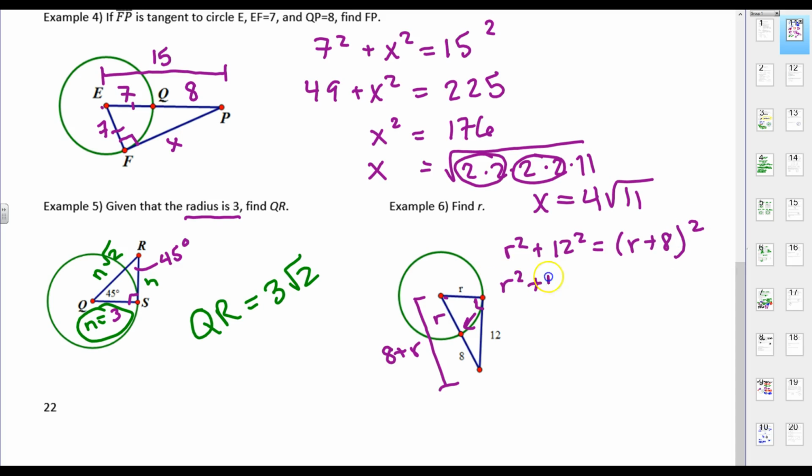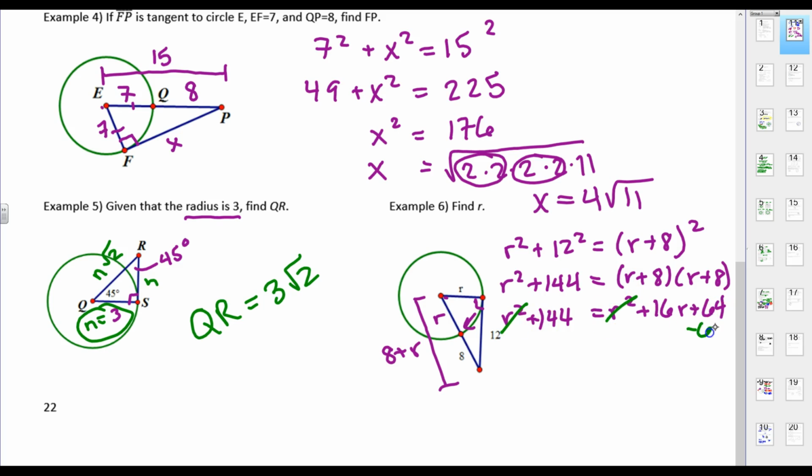That's r squared plus 144 equals, remember guys, when you've got r plus 8 squared, that's r plus 8 times r plus 8. You got to do both pieces. So when I FOIL that out, I get r squared plus 8r plus 8r is 16r plus 64 equals, we still have r squared plus 144. And something really nice happens. My r squareds cancel.